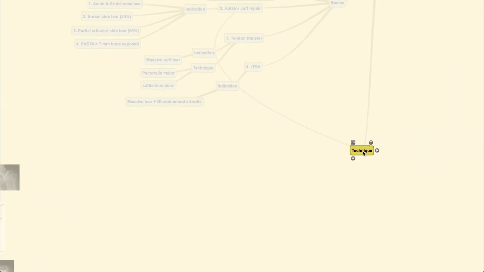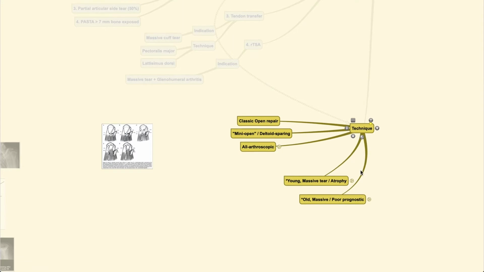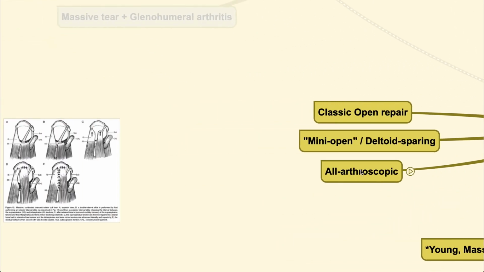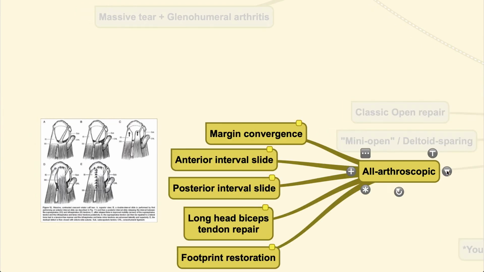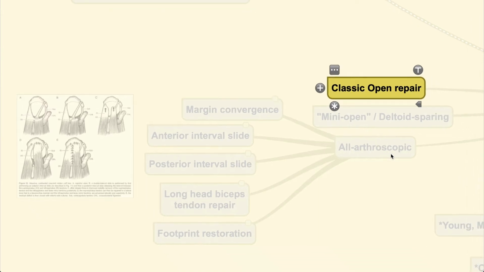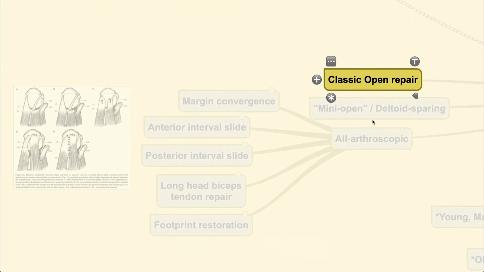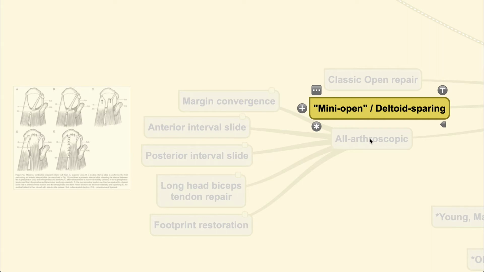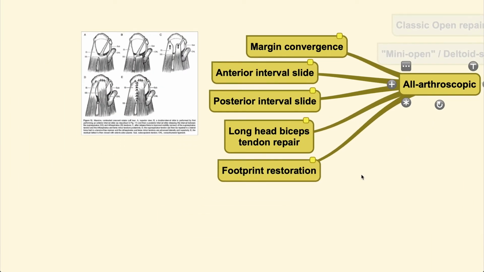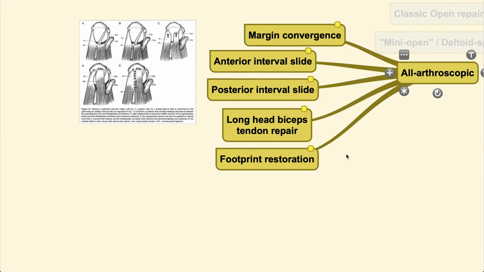After covering all those basics, we need to know that there are several techniques to perform the surgery. It would include the classic open repair, which has been forgotten for a long time because most people now do arthroscopic repair. There could also be a mini open or deltoid sparing technique, but the currently used technique is the all arthroscopic technique.